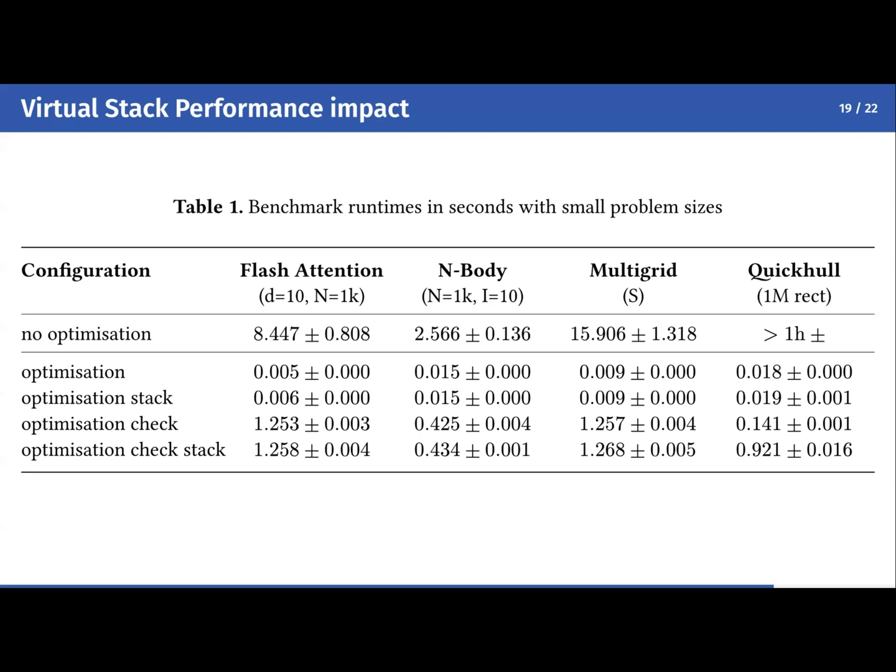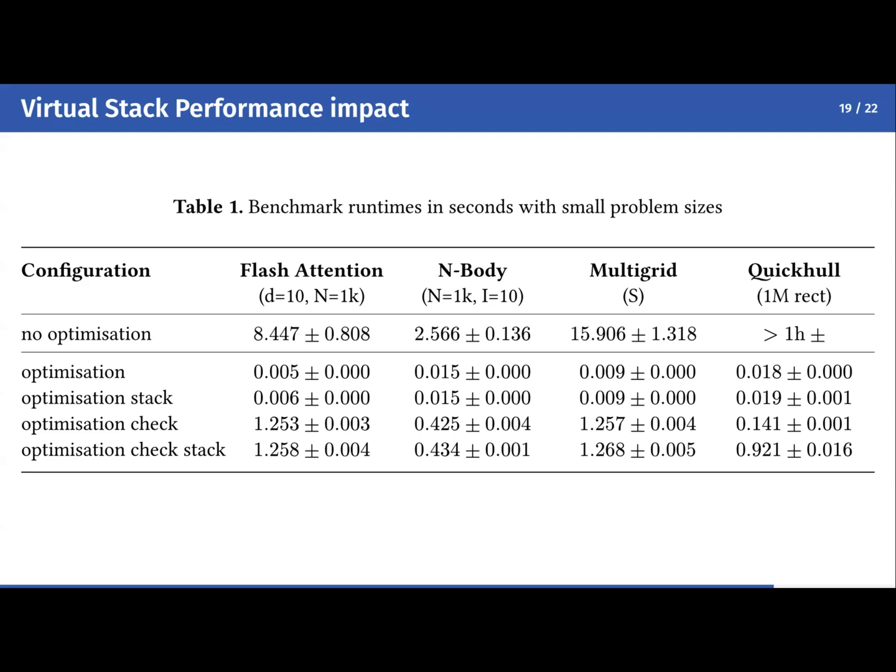If you run the optimized version with only the stack trace, so you would not add any check, you only add the push and pops, the runtime is basically the same. These are measurements with the standard deviation errors. This is basically the same, but all the push and pops get removed again. So these are kind of the same programs.